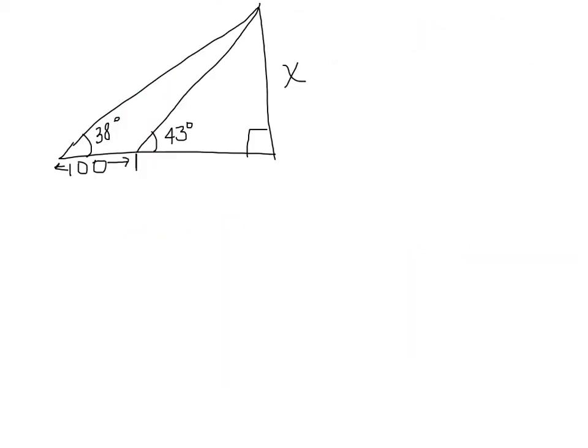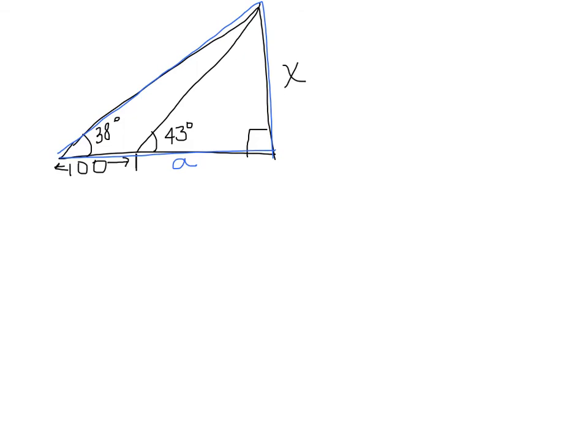Okay, we're going to try this last triangle. This one's a little different because we don't have the entire length of this bottom side. So what we're going to do is call this A. First I'm going to set it up for the big triangle.